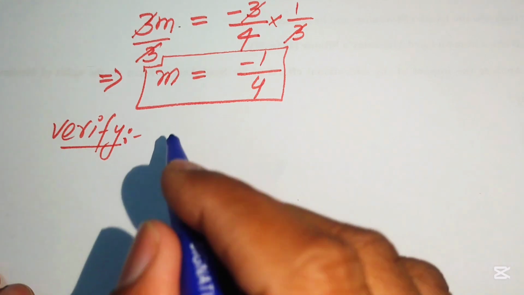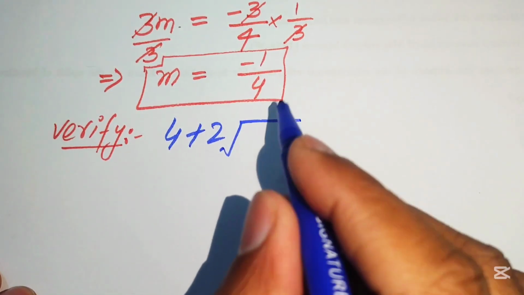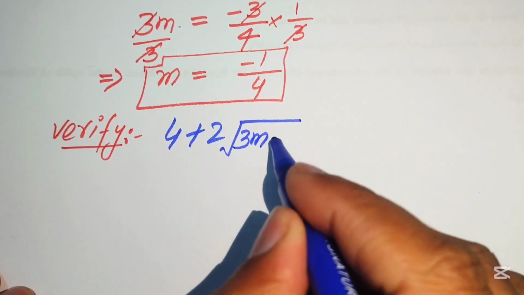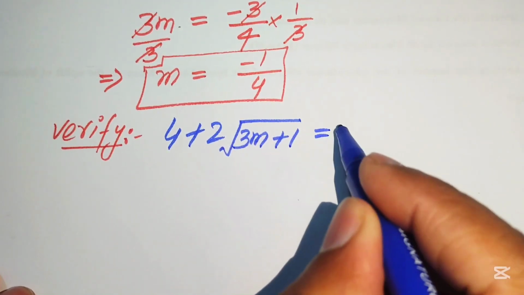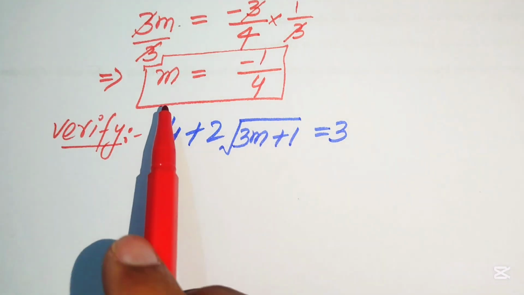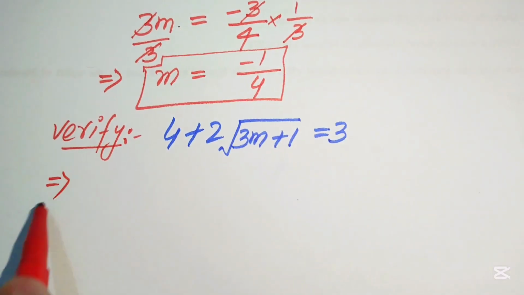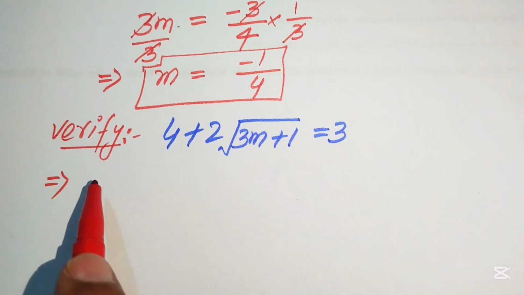The question statement is 4 plus 2 into square root of 3m plus 1 is equal to 3. So this is the given question statement, and now we verify this equation. We need to substitute this value of m in the left hand side and check the behavior of this equation.